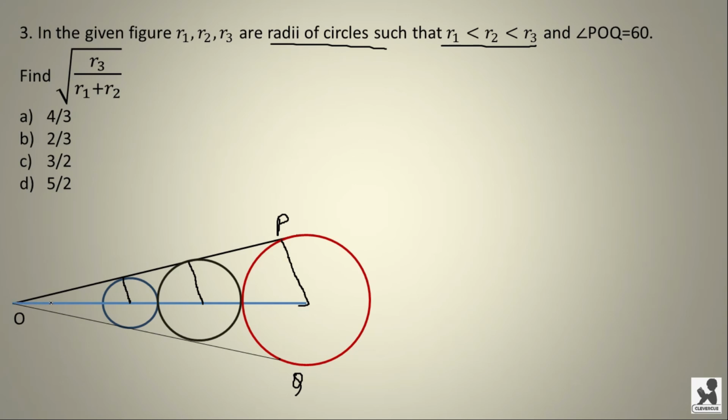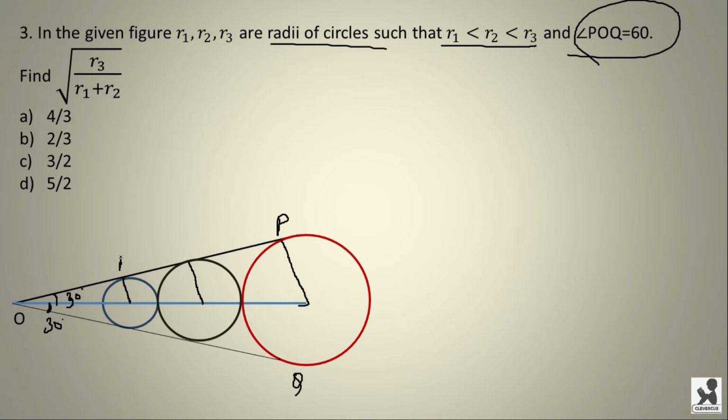We can see that this is the line connecting the centers of the circles. So this line will divide this POQ into two equal halves. So this angle will be 30 degrees and the remaining angle also will be 30 degrees because the total angle is 60 degrees. Now consider this small triangle.